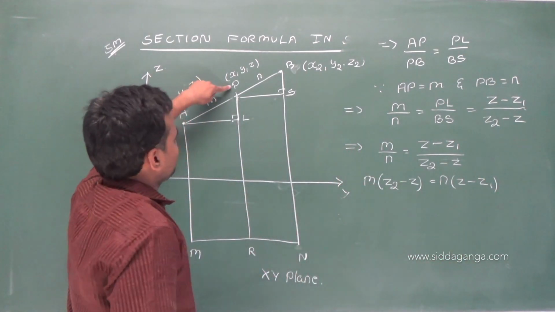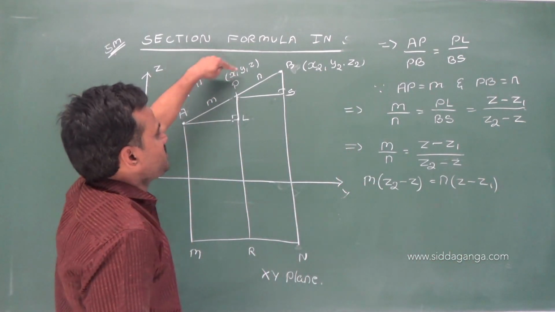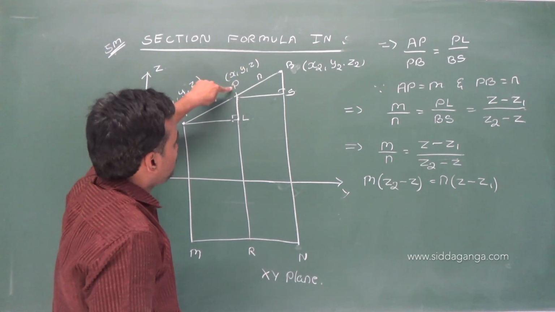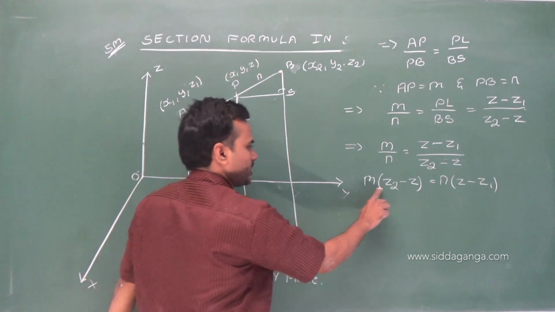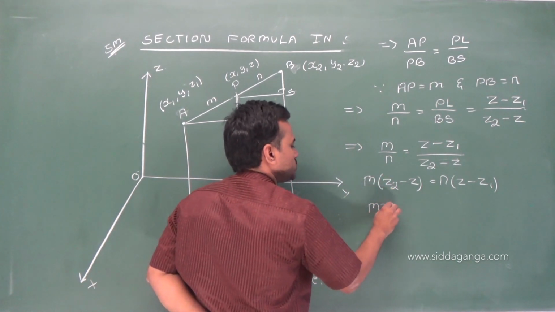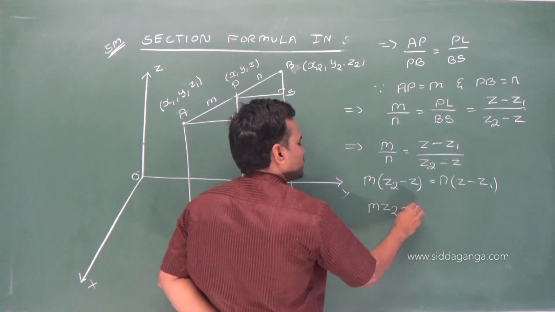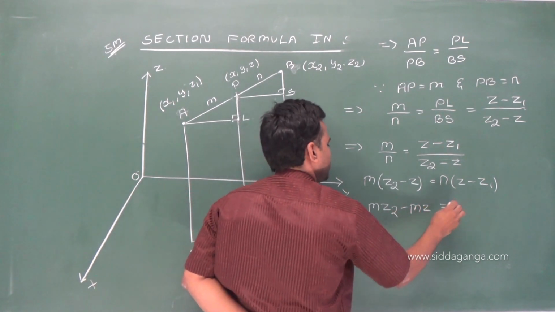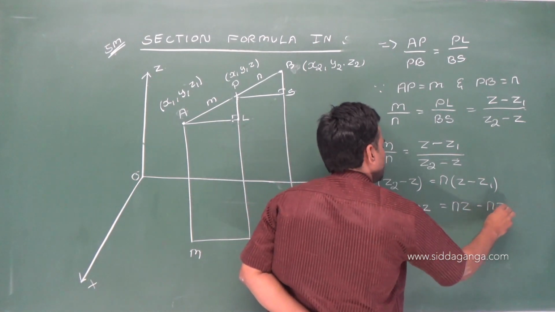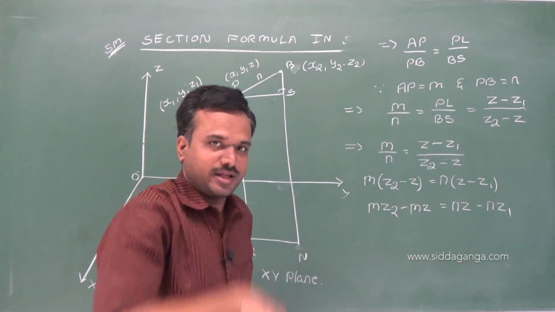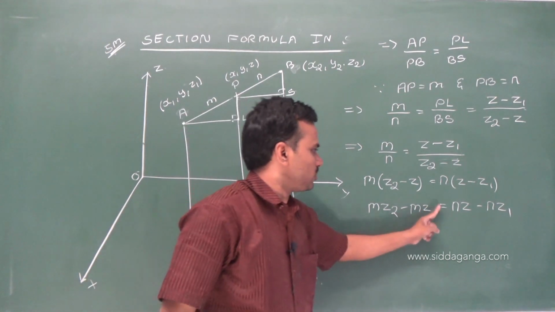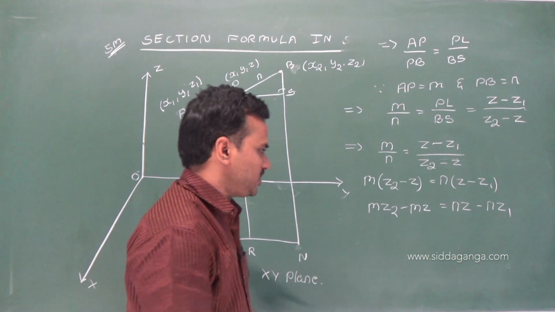The coordinate of Z in P is Z, and we find it. M into Z2 minus M into Z is equal to N into Z minus N into Z1.